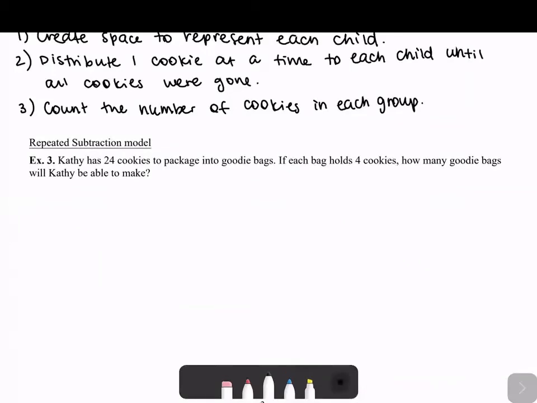So in this case, we make a number line. And so we're going to go all the way up to 24 because we have 24 cookies.